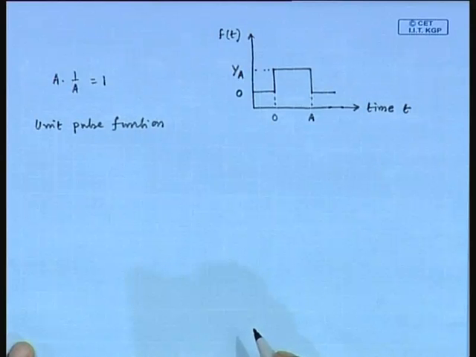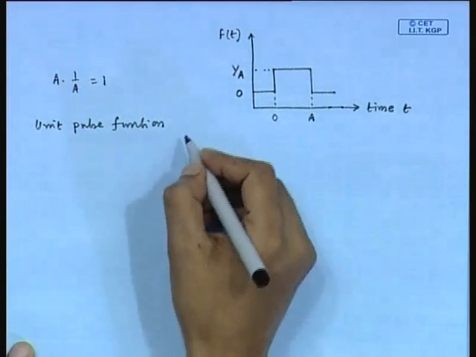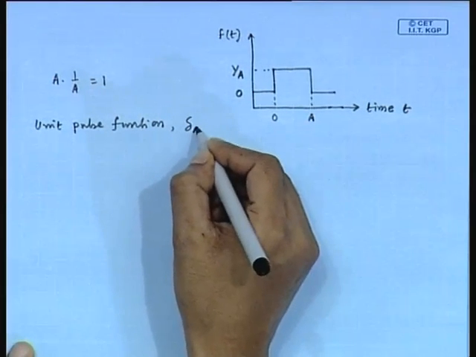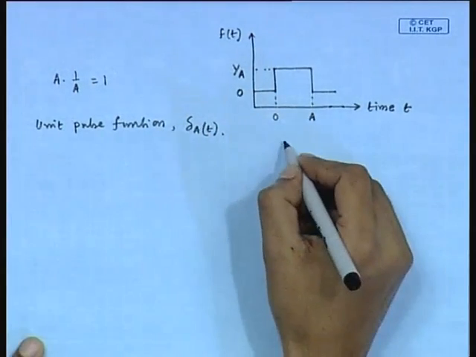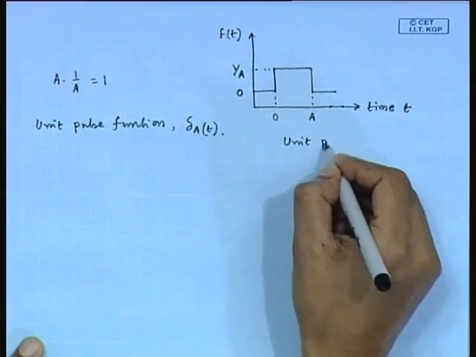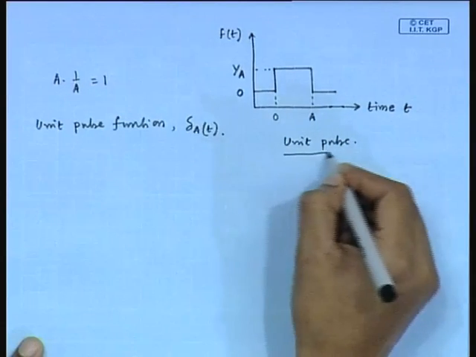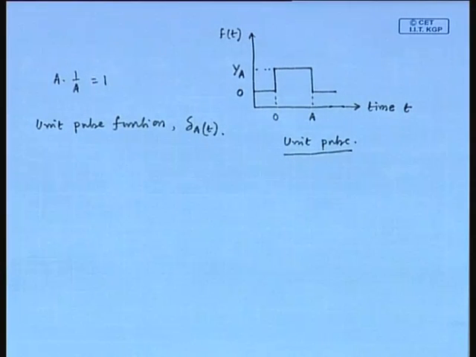It is conventionally represented by delta_a(t). So this is the unit pulse, represented by delta_a(t).